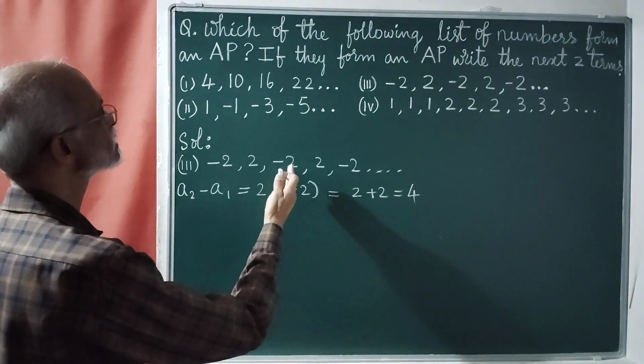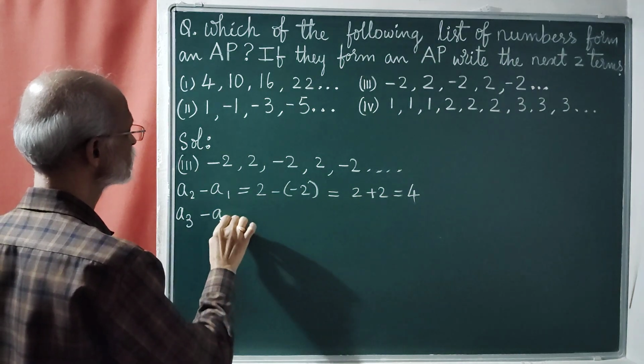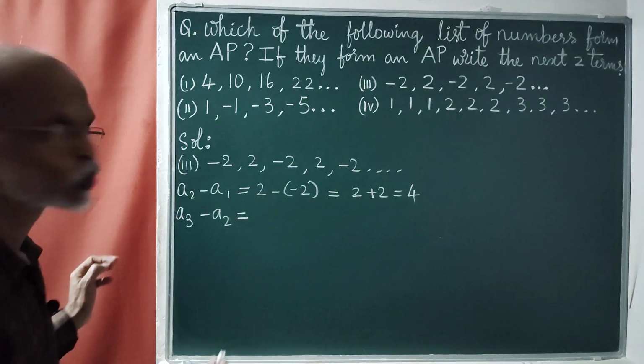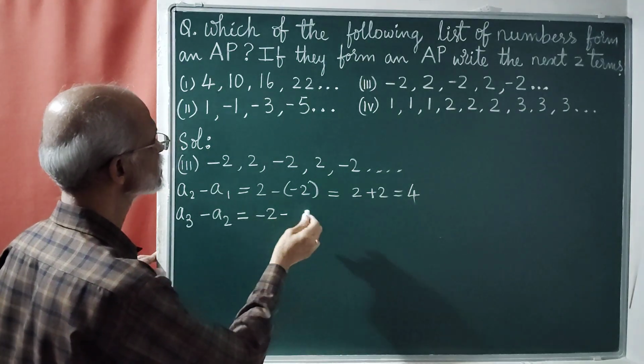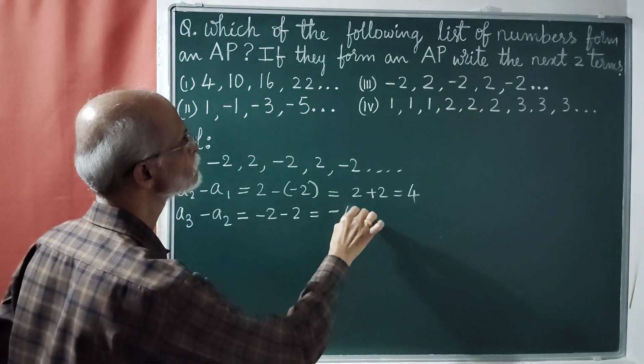Next, A3 minus A2. A3 is minus 2. So minus 2 minus 2, we are getting minus 4.